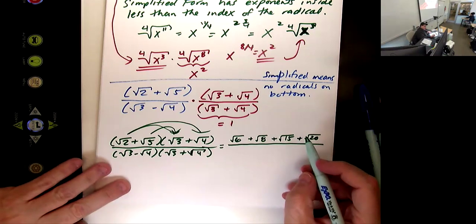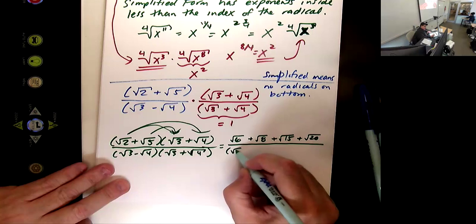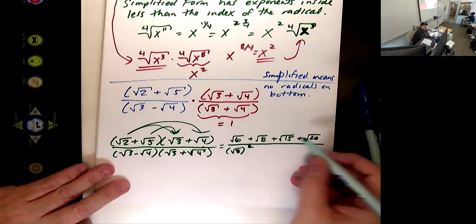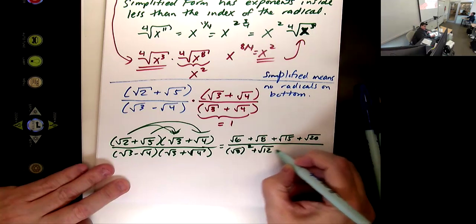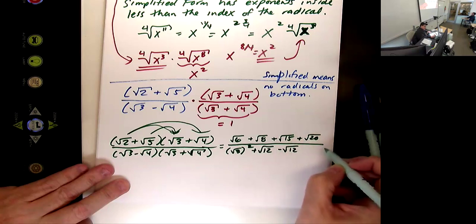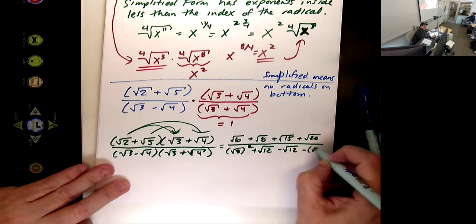On the bottom, I have square root of 3 squared plus square root of 12 and minus square root of 12. And then minus square root of 4 squared.